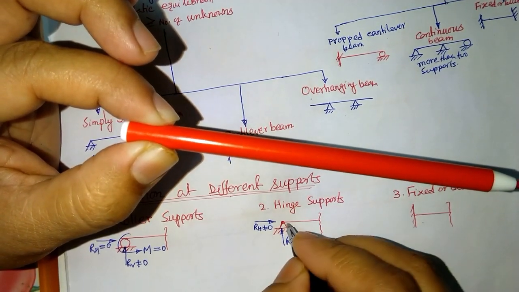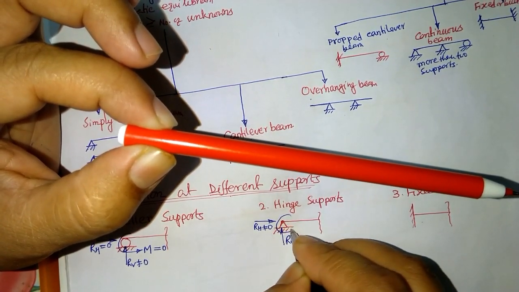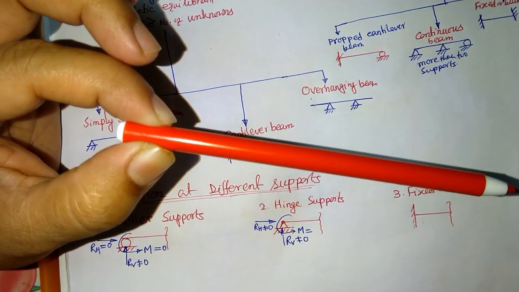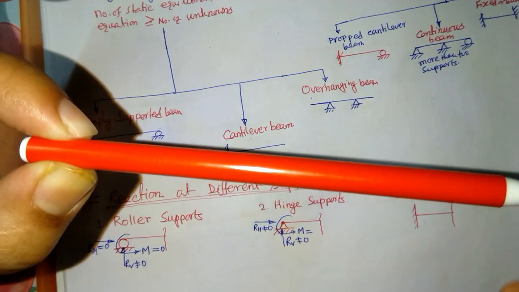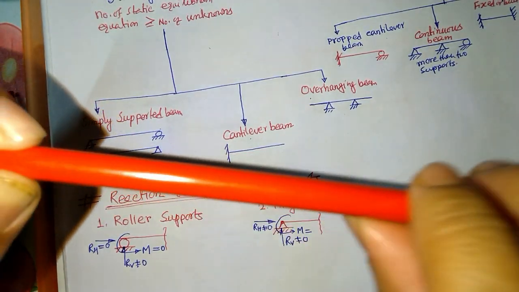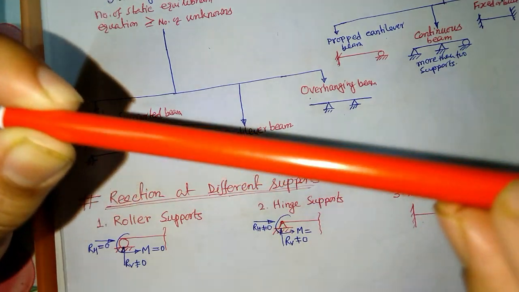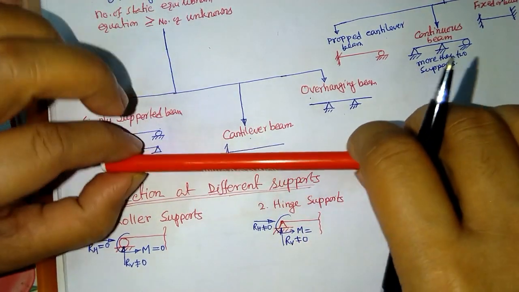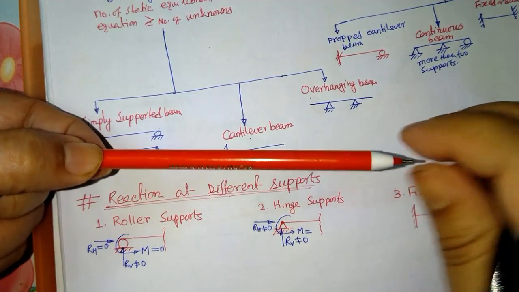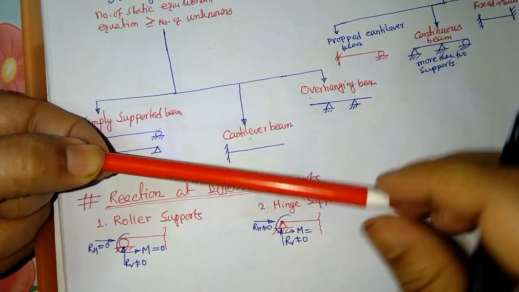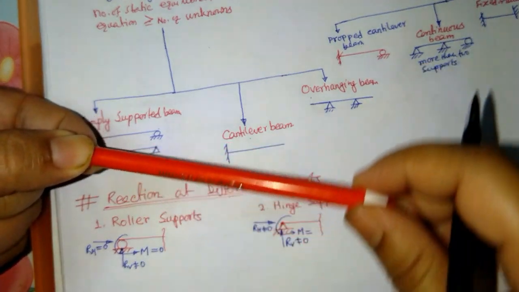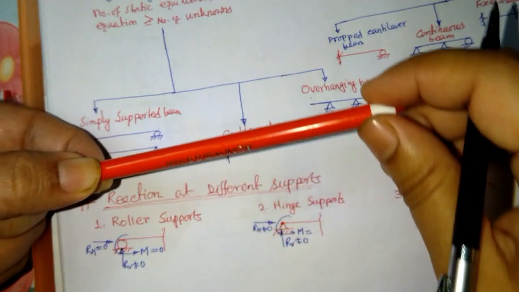Now we have the third reaction, that is moment. What about the moment reaction? Let's see, this is a pin joint, and now I am applying a force. It is just rotating. When I apply some twisting moment, it is rotating, which means there is no reaction.